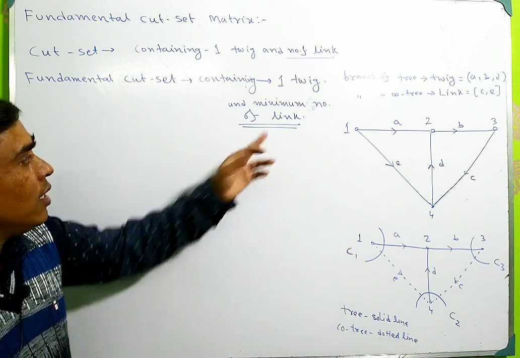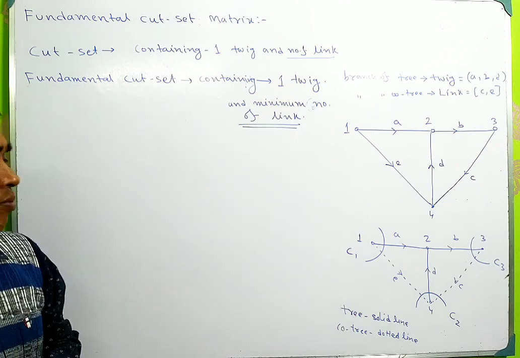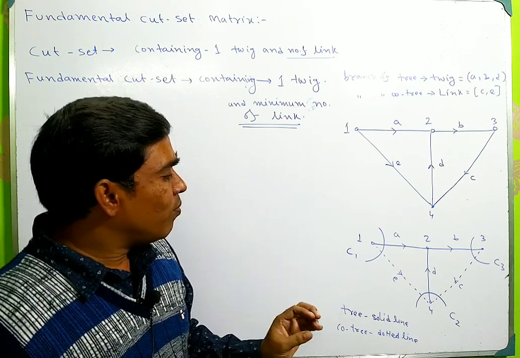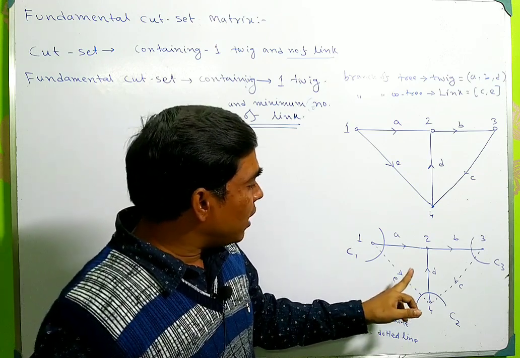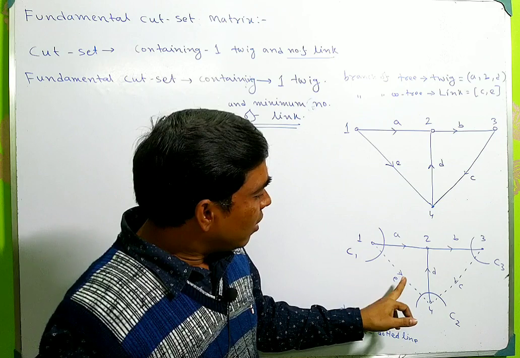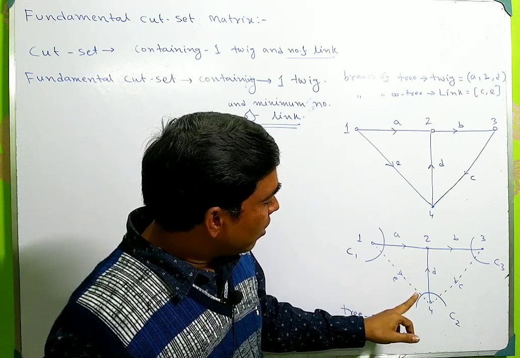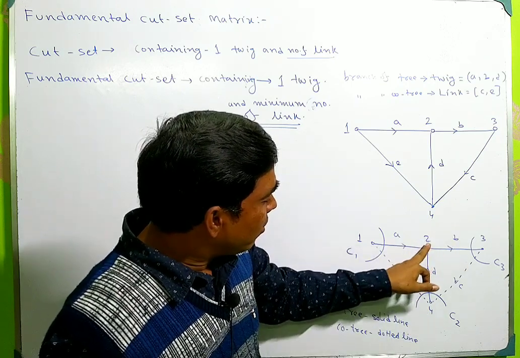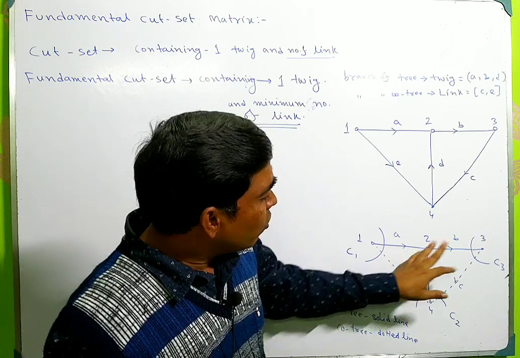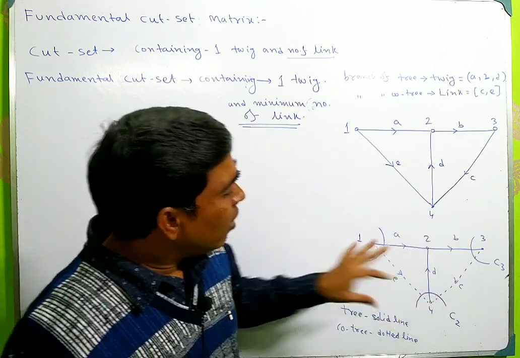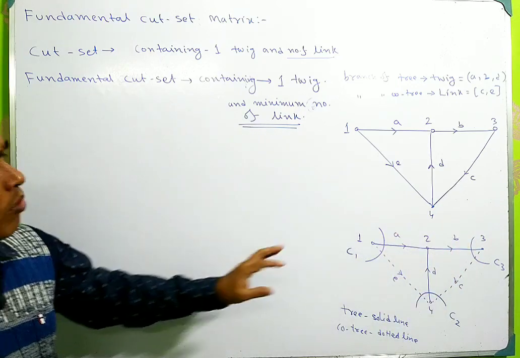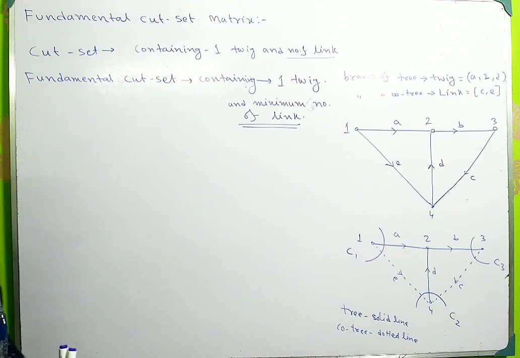For a cut set it must be 1 twig. So these are the possible cut sets for this graph.